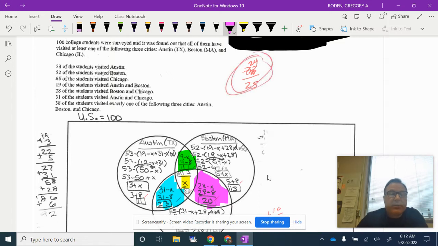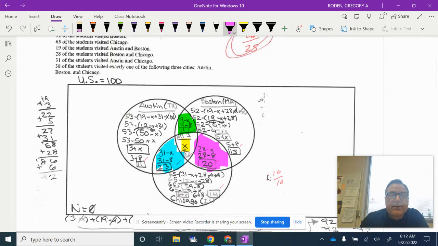The purple section is Boston and Chicago. Now, 28 students went to Boston and Chicago, and then you have to subtract off the X for the overlap, the middle X, the yellow X.